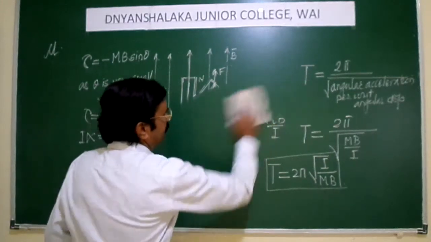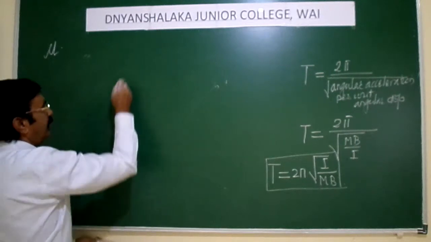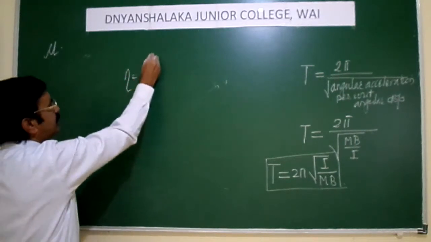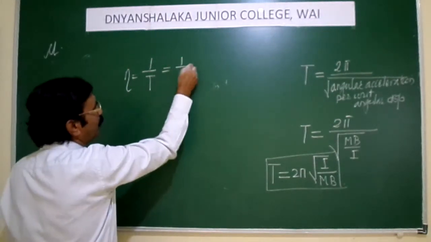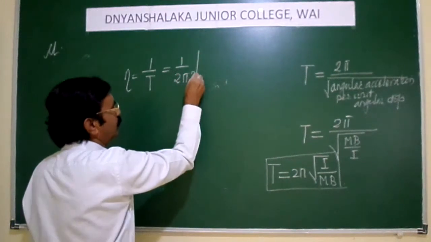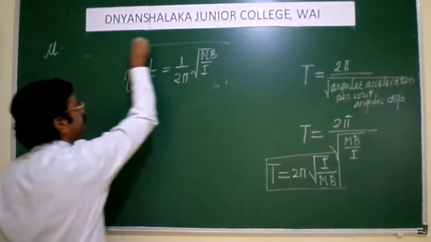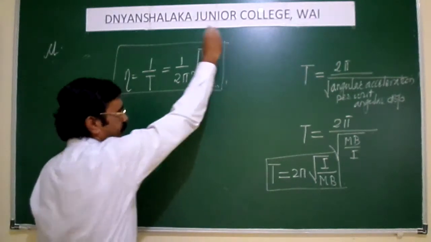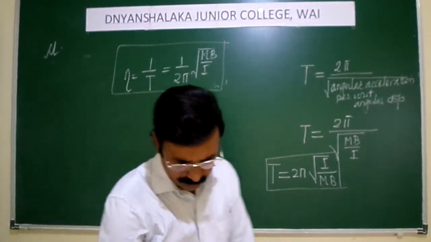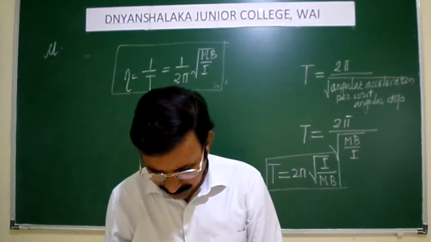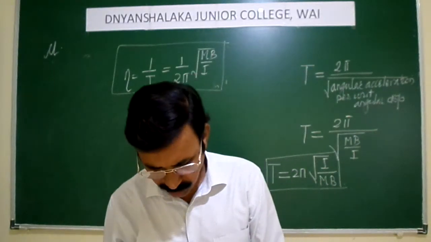Frequency with which the bar magnet oscillates is nu is equal to 1 upon T. So this will be 1 upon 2 pi under root mB upon I. And in this way we are able to find out the period and frequency of the angular simple harmonic motion.